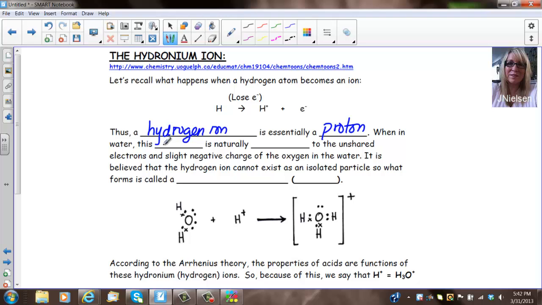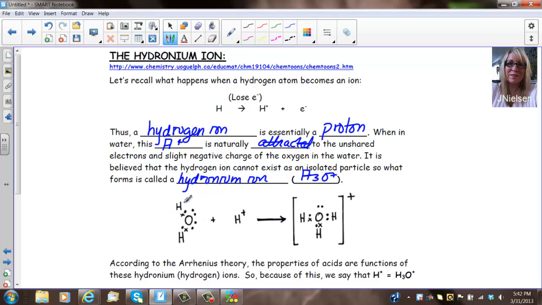When in water, this hydrogen ion is naturally attracted to the unshared electrons and the slight negative charge of the oxygen in the water. It is believed that the hydrogen ion cannot exist as an isolated particle, so what forms is called the hydronium ion, which is H3O+.